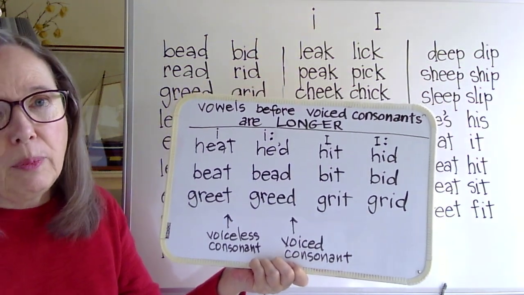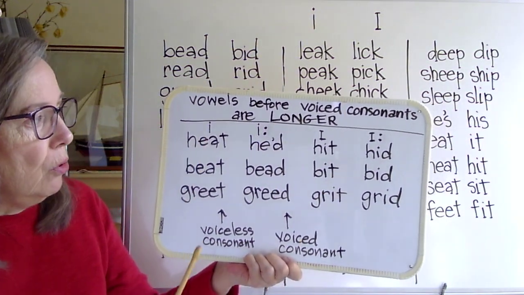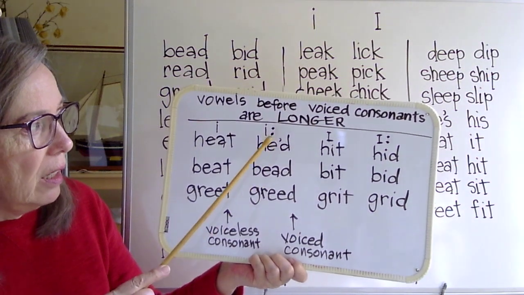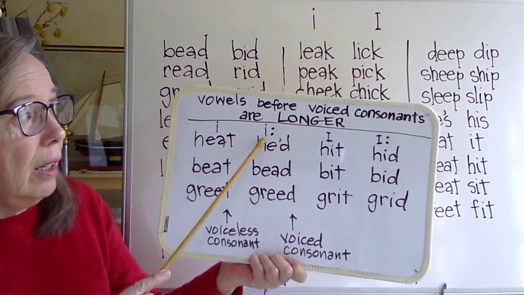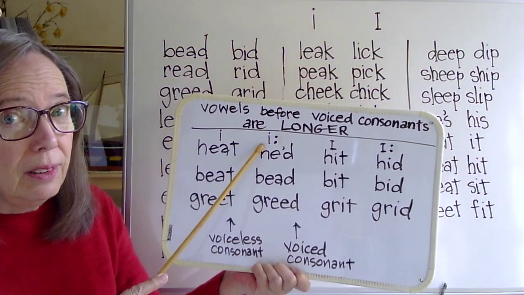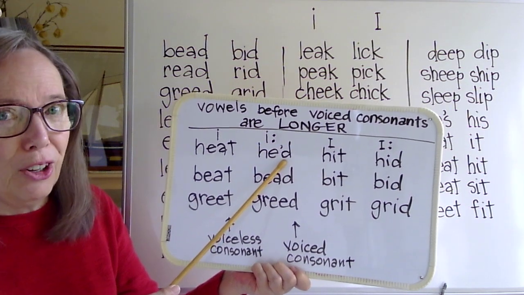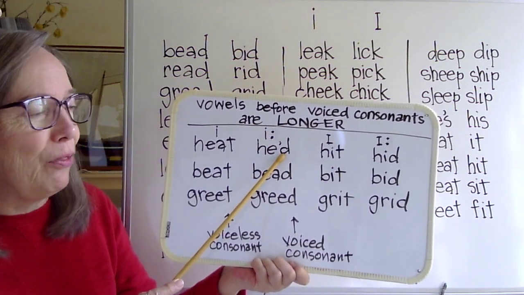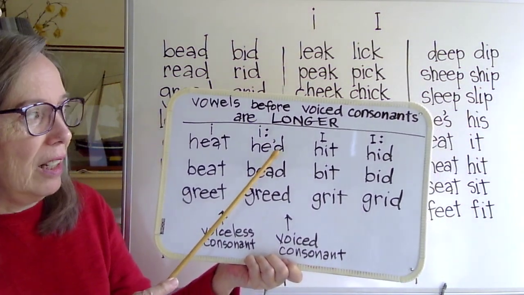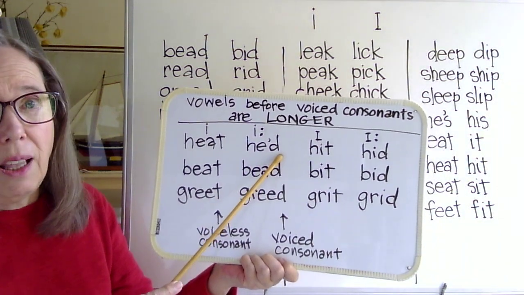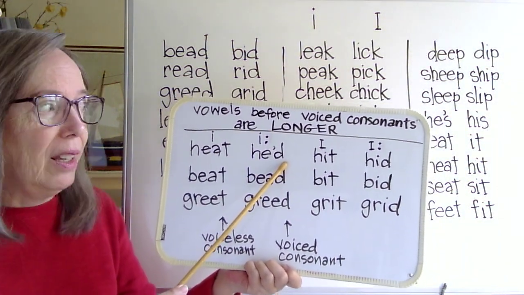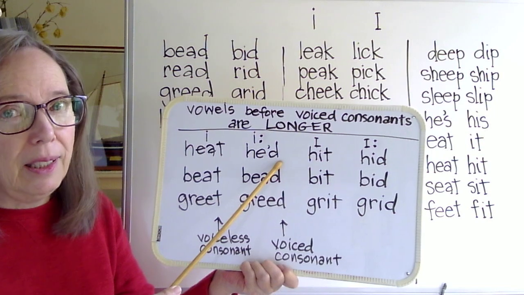So when you make these two vowels, what you'll find is that here we have a long vowel, but we also have it longer because it's followed by a voiced consonant. So this word is the longest. Heed.